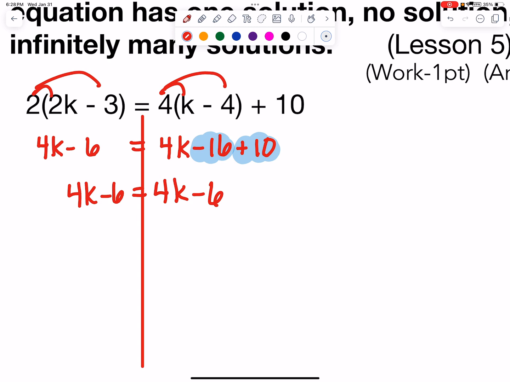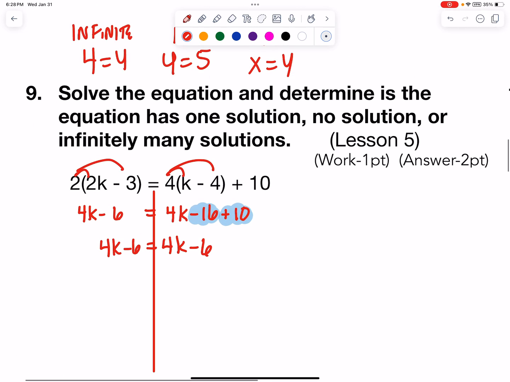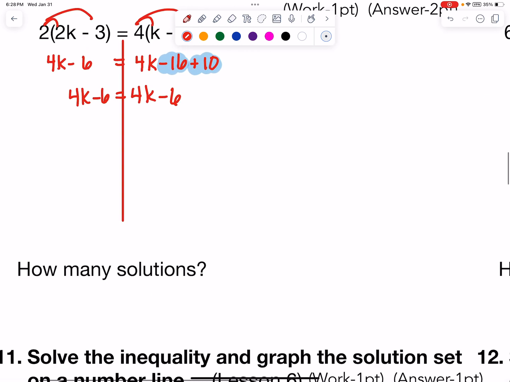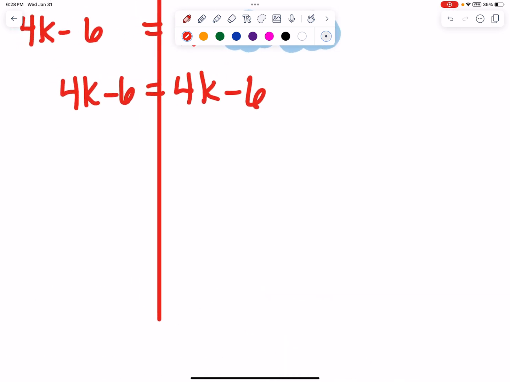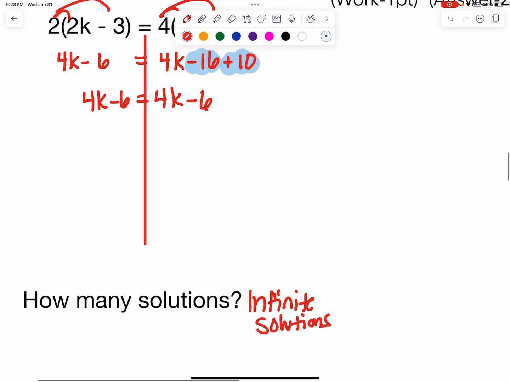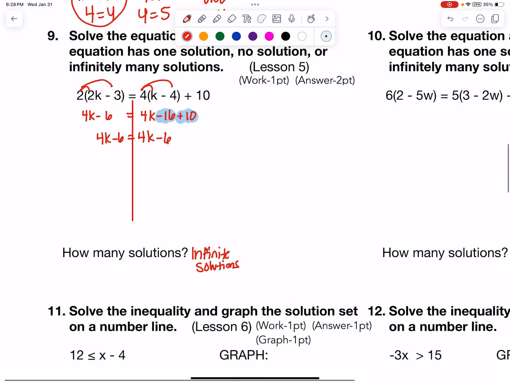So I can see already that both sides are the same. And if I look up here, when both sides are the same, that means that we have infinite solutions. Because any number you put in for k is going to make a true statement. So k can be anything.